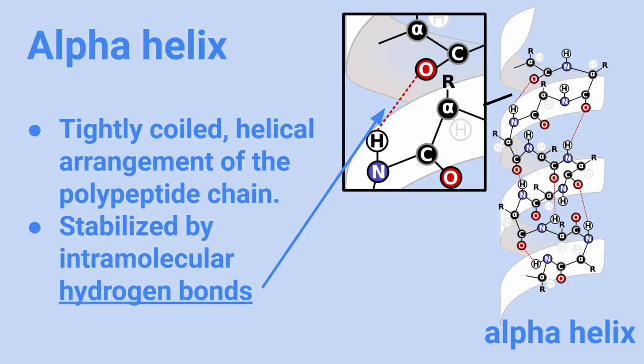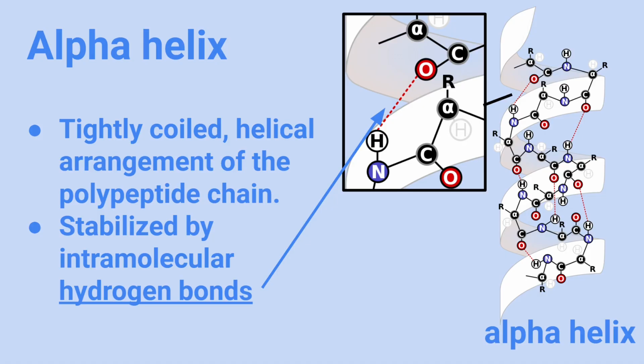This regular pattern of hydrogen bonding imparts stability to the helical structure. The alpha helix often resembles a spiral staircase, with the side chains of the amino acids extending outward from the helical axis.